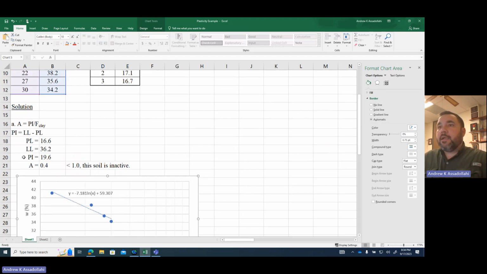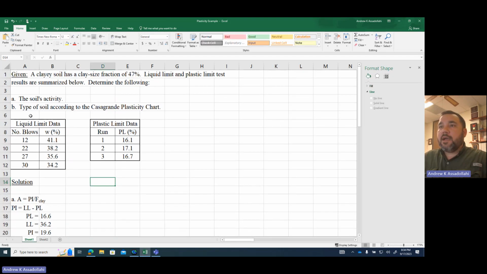What about part B? Part B of the problem said determine the type of soil according to the Casagrande plasticity chart. Okay, now the Casagrande plasticity chart, you can find it in all kinds of great resources. It's in pretty much every single geotechnical engineering or soil mechanics textbook that you might use as a student.